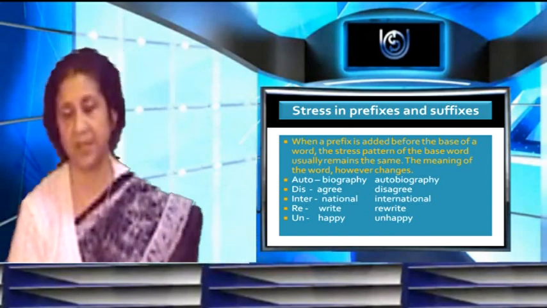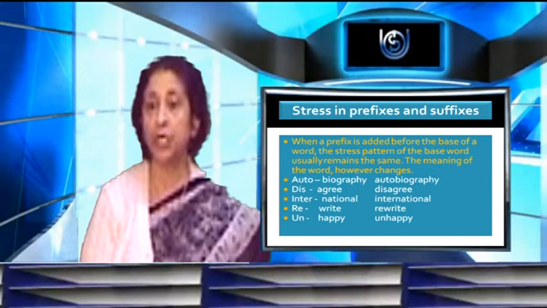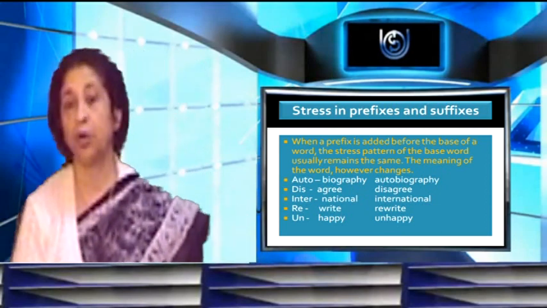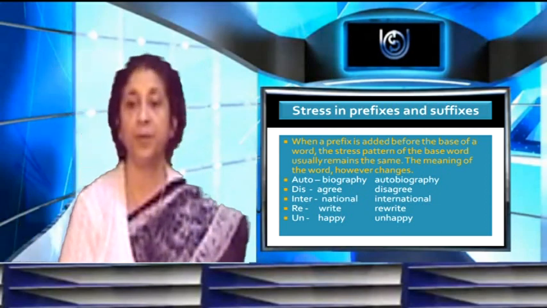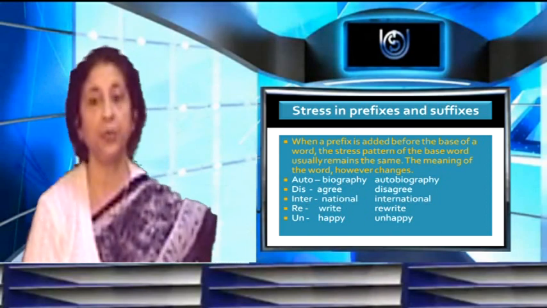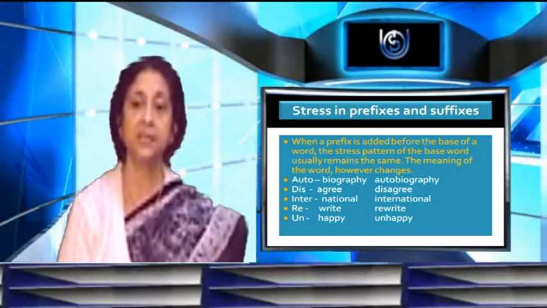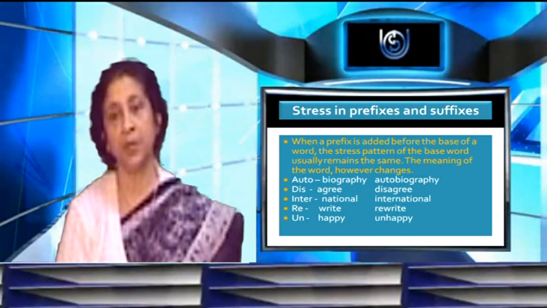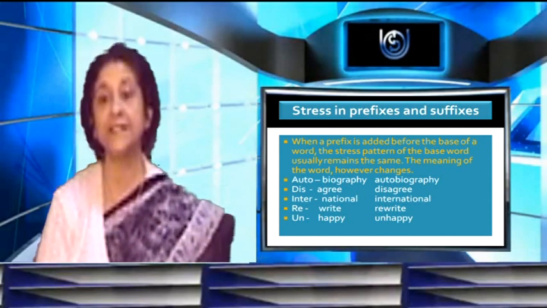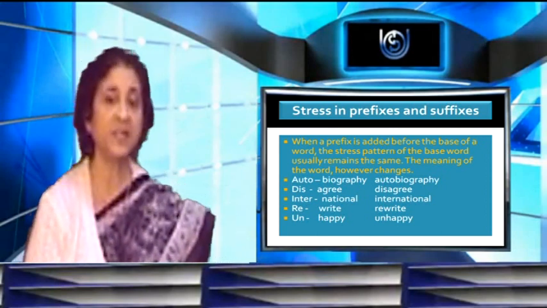Now see the examples in front of you. Autobiography: auto is a prefix, with biography it becomes autobiography. Disagree: agree is a word, dis is a prefix, and the meaning becomes opposite.